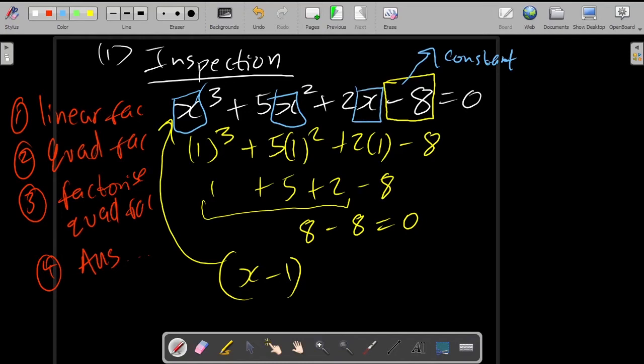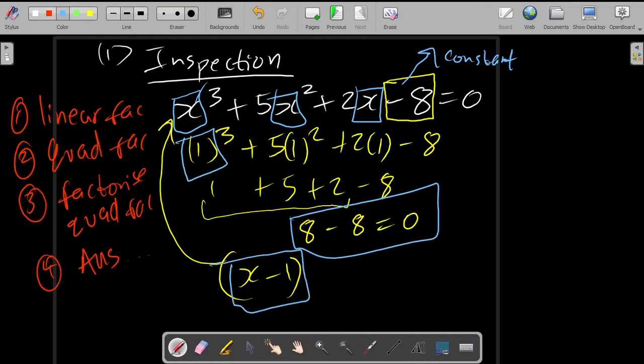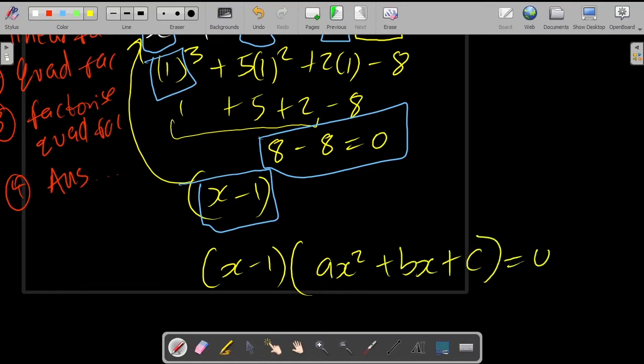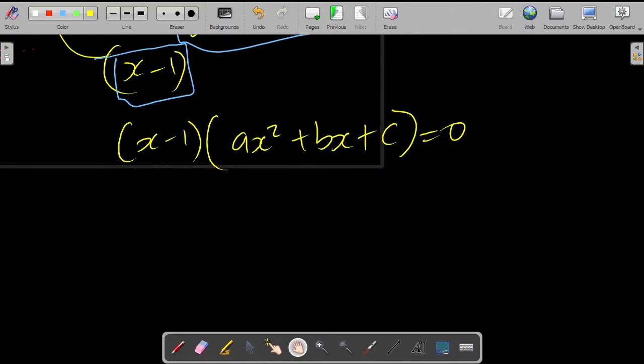And then if that factor gives you 0, like in this case for 1, you basically are going to write it in this form. So it is now a factor of the cubic polynomial. And now you basically want to find the appropriate quadratic equation or quadratic factor, which you can multiply it by to find the original cubic polynomial, basically.